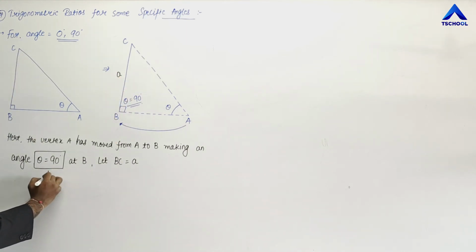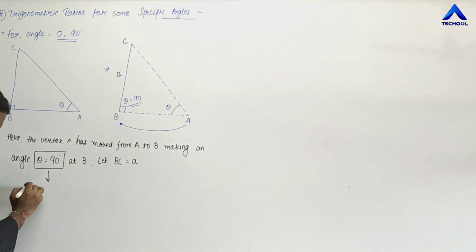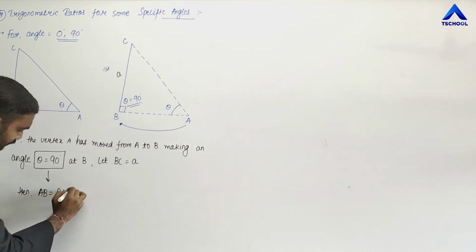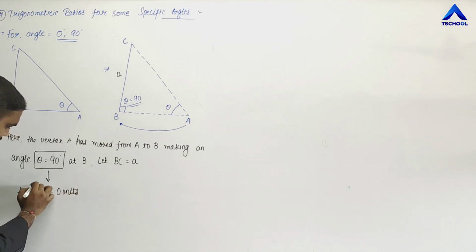So if this theta equals to 90 degree, then AB is equal to 0 units.